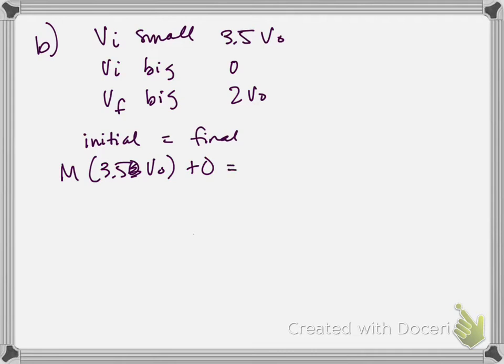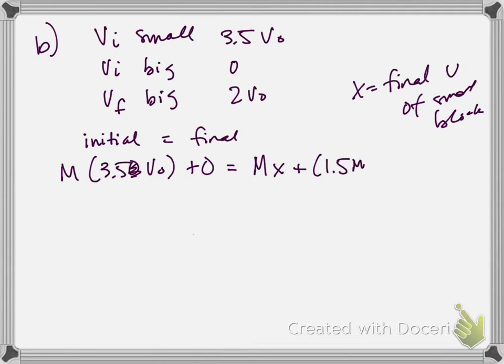At the end, we have the mass of the small block, which is capital M. I'm just going to use x for the final velocity of the small block, just to be clear. Plus the final velocity of the big block, which is 1.5 m times 2 v0. And a little bit of algebra gives you that x is 1/2 v0. So its velocity is cut in half.